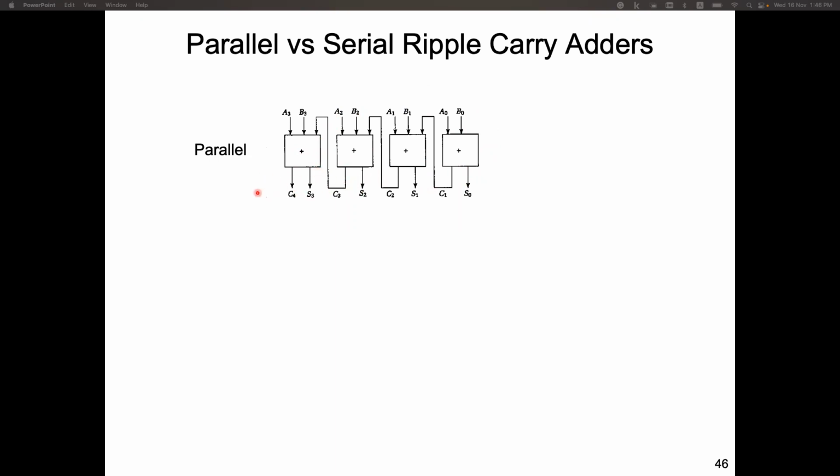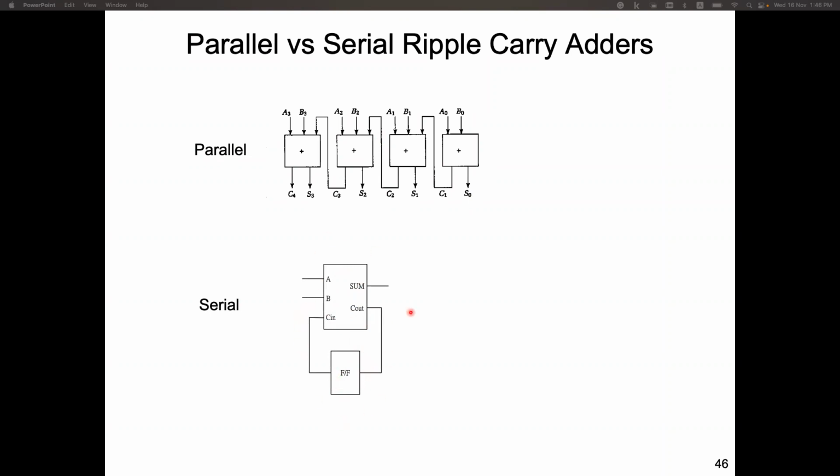They operate in parallel, although the higher bit needs to wait for the carry out of lower bits. But there is no flip-flop involved, no storage. These are all combinational components. Now for serial, we can use a 1 bit full adder and a D-type flip-flop to store the carry out.